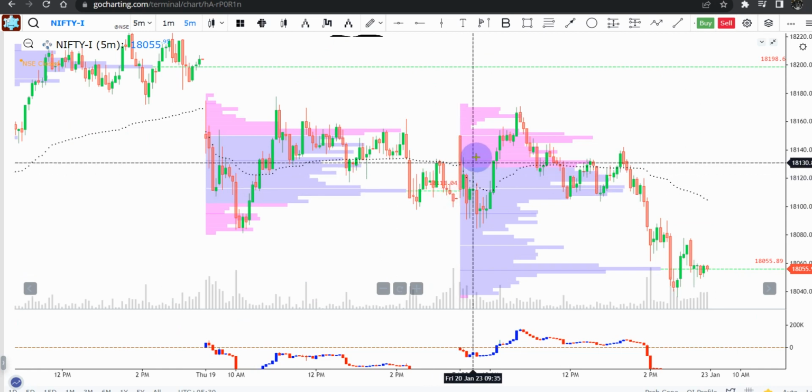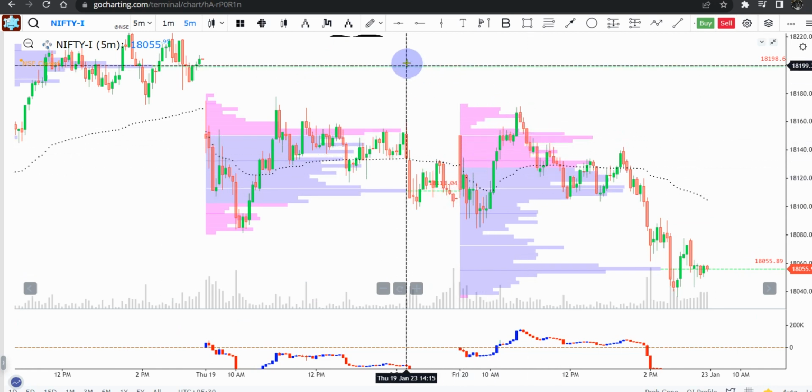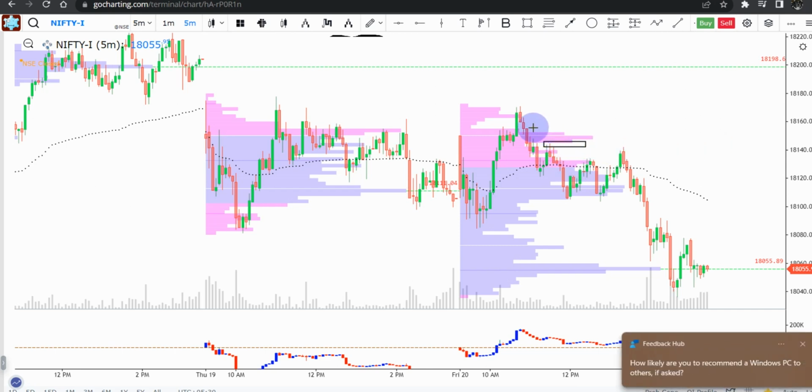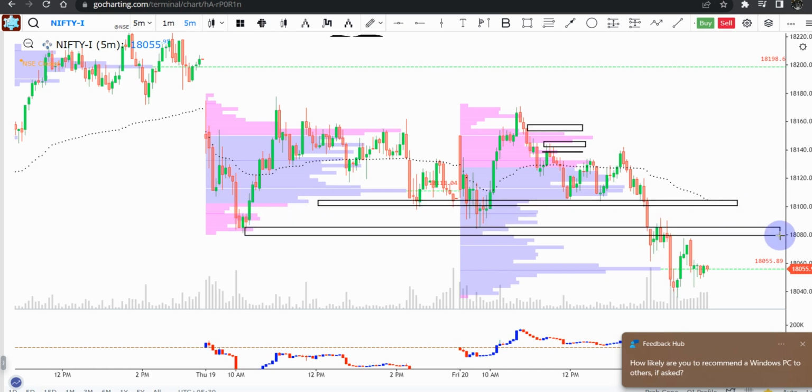If we look here, we took a trade somewhere here, and we are expecting the targets to be 135, and the VWAP is the second target. The third and fourth targets, if you are willing to hold, are the ones that we just discussed, this and this. That is how you can plan your trade with proper context using footprint and order flow charts.